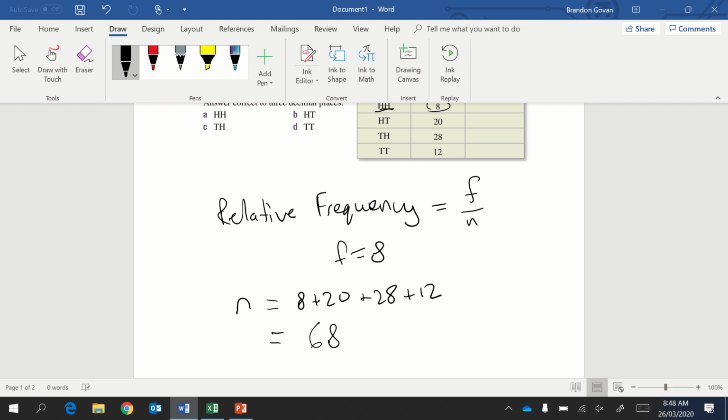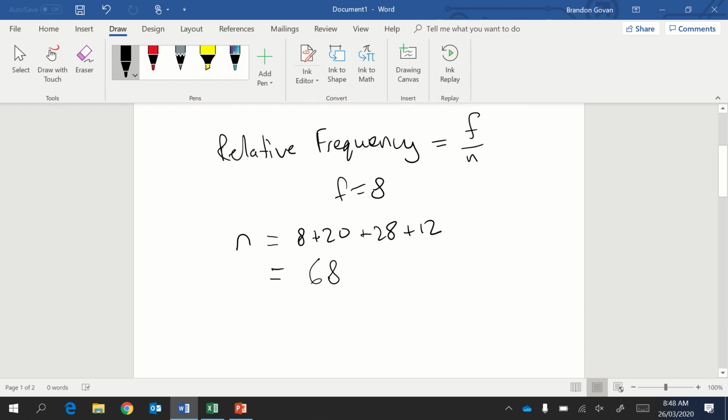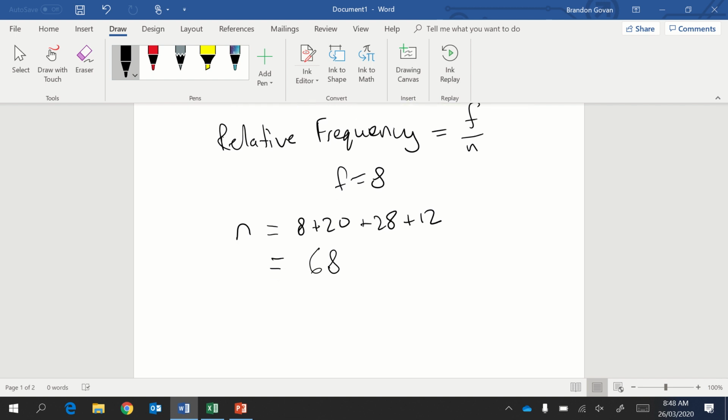So then our relative frequency for HH is going to be 8 over 68. Then we just need to simplify that fraction, which I'm sure you guys will have a calculator on hand to do.